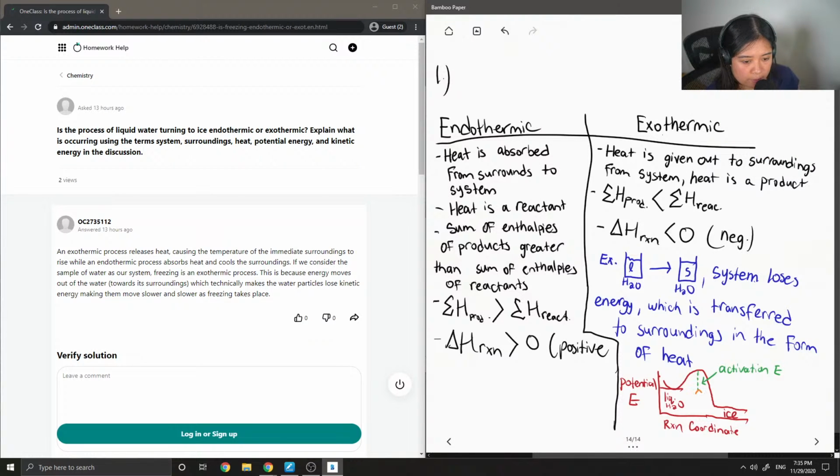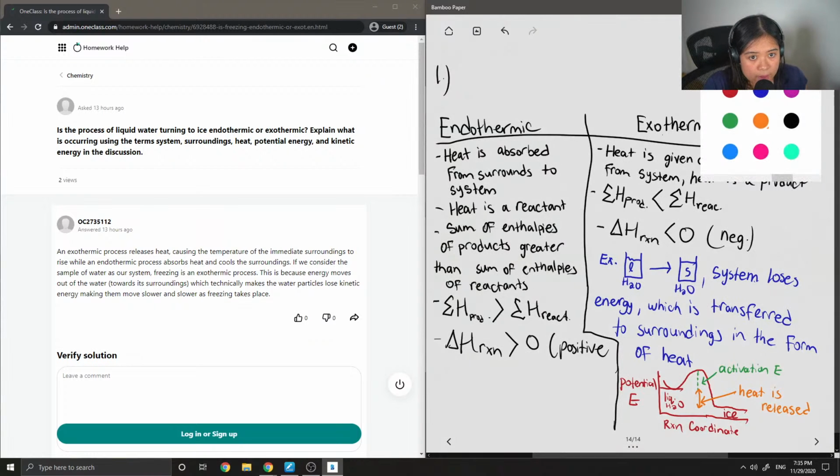And if you notice, our reactant is at a higher energy than our product. So we can say here that heat was released. Okay, so that's an example of an exothermic potential energy diagram.